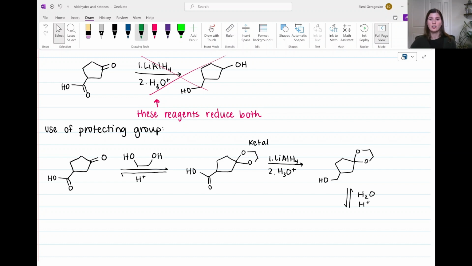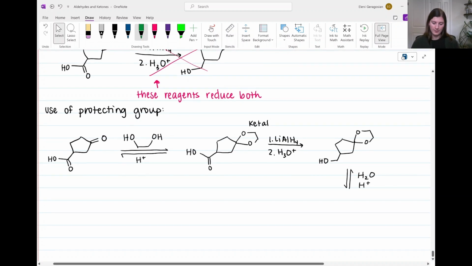We promote the reaction to go in reverse, where the ketal is then favored to form the ketone as it started off with. So we're essentially removing the protecting group. We go back to our ketone and we have achieved our desired product. That's supposed to be a little check mark there.